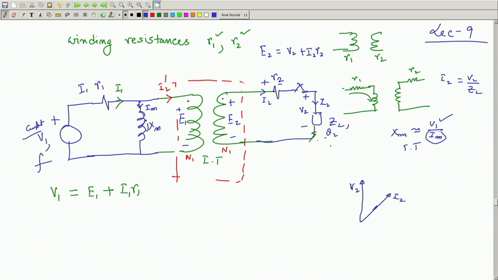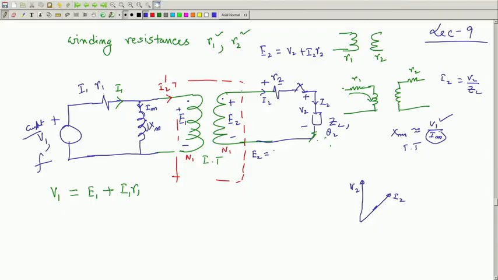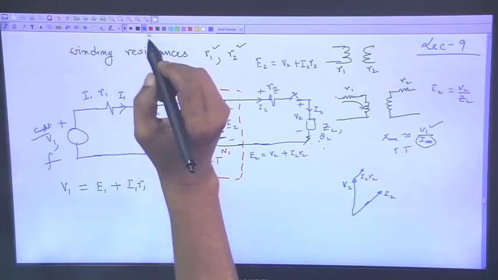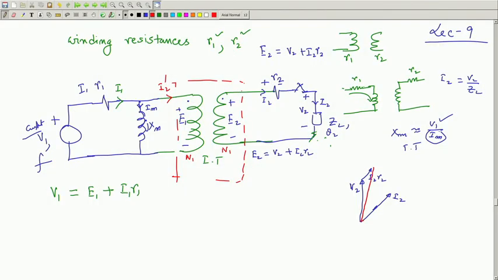The moment you know I2, you can find out E2, because E2 is V2 plus the drop, so V2 plus I2 Z2, you draw. These lengths are small, and then you get this length to be E2. I am simply repeating, because for the first time you are doing this.